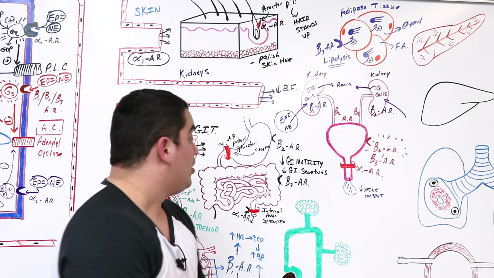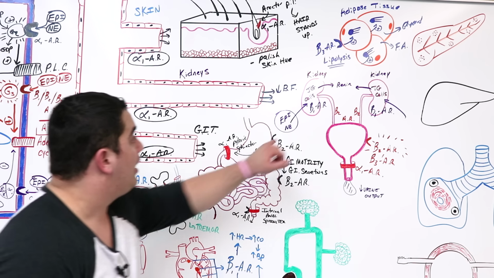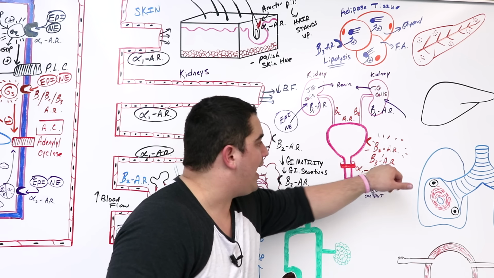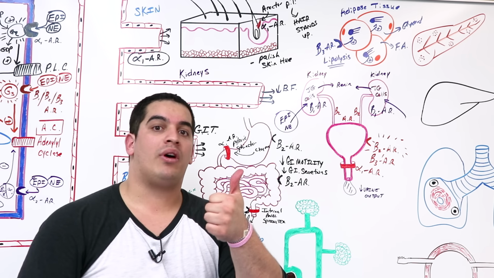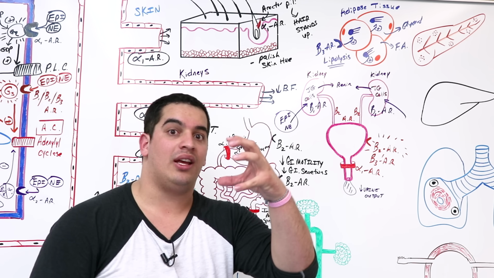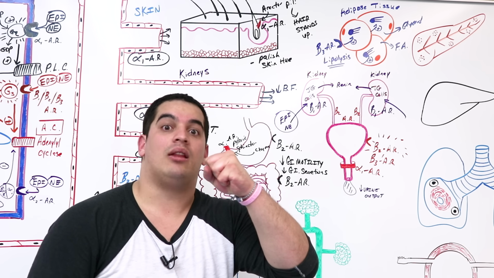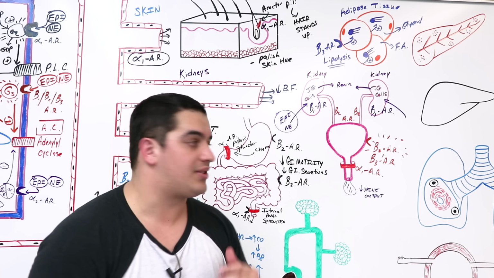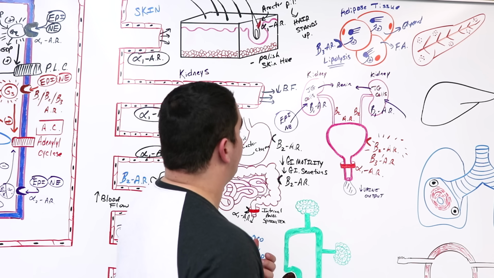That makes it a lot easier. So if you can remember, the beta 1 is on the heart and the JG cells of the kidney. The beta 3 is mainly only on the adipose tissue and on the detrusor muscle. Alpha 1 is on the vascular smooth muscle that needs to be stimulated or constricted, and the beta 2 is on the vascular smooth muscle that needs to be inhibited or relaxed. Makes it a lot easier.